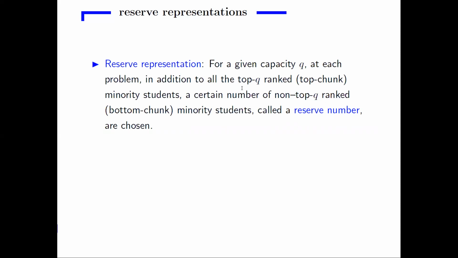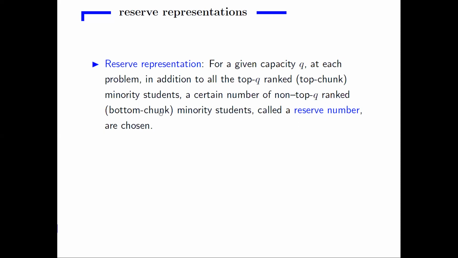Okay? But now we have minorities, which is the target of this affirmative action policy. And if a minority is already one of those top chunk guys, if he is one of the best Q-ranked persons according to the exam score, he should be immediately accepted. That is done. Then comes the real affirmative action story.